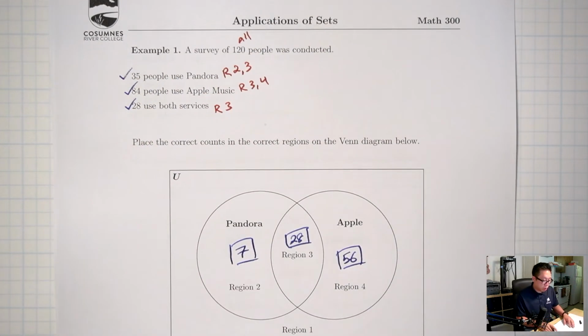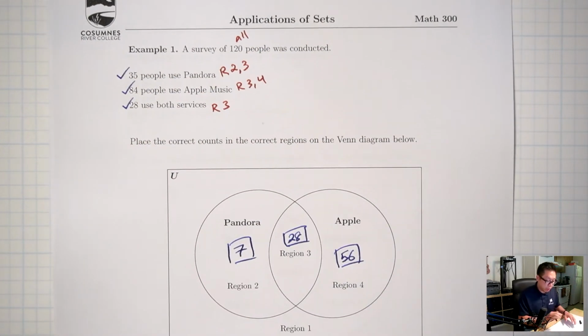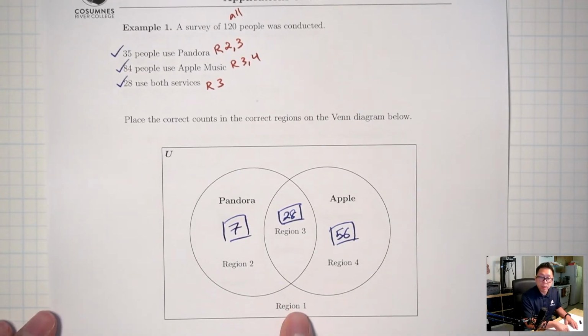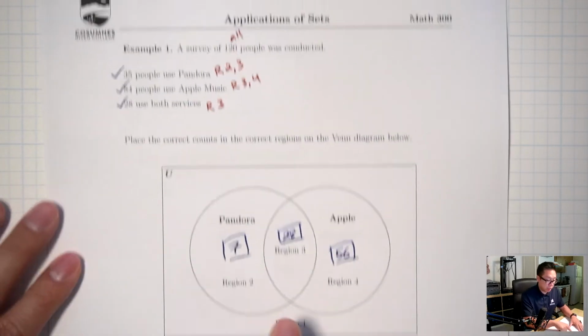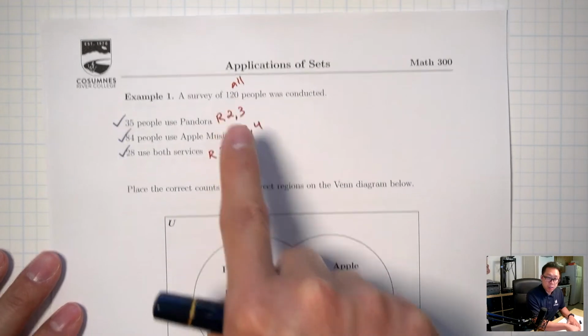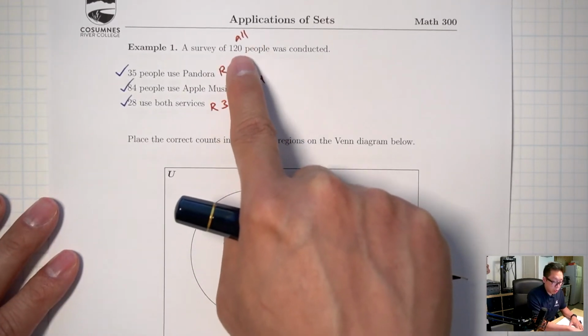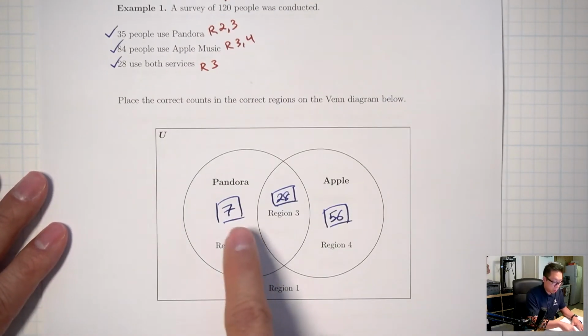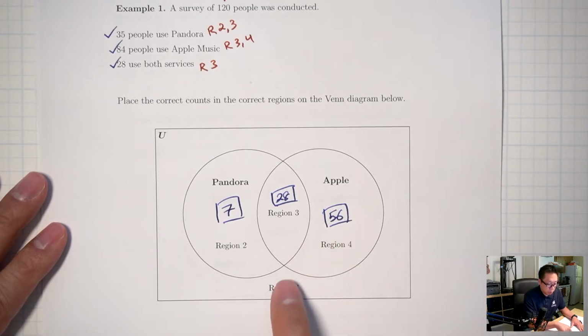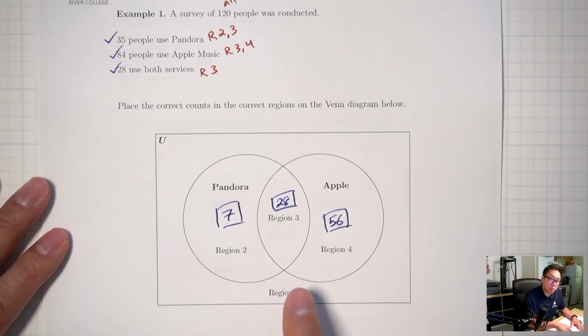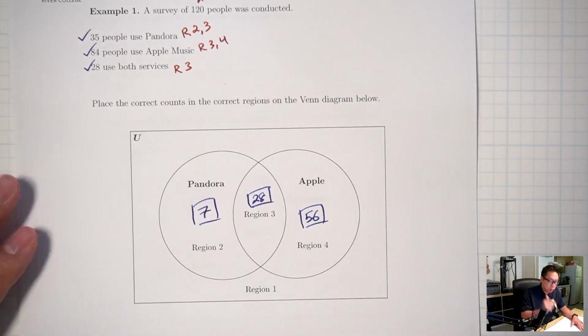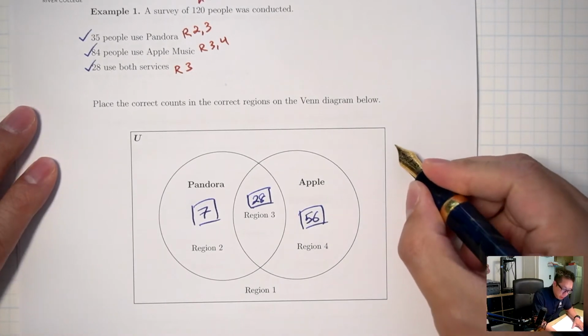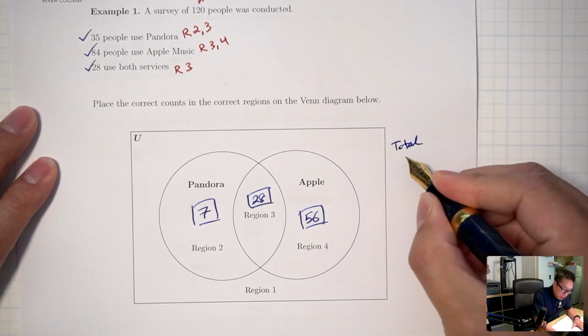And then the only region that I haven't put a number in yet is region 1. And the only number I haven't used yet is the 120. So all regions together should add up to 120. Right now I have 7, 28, 56. What is the missing number so that everything adds up to 120? So the total should equal 120.